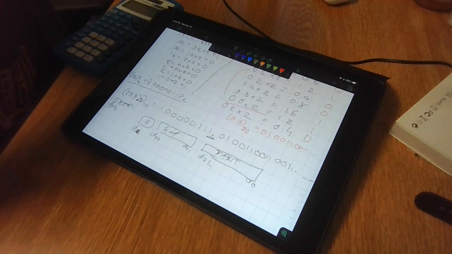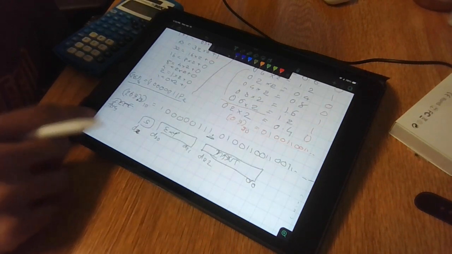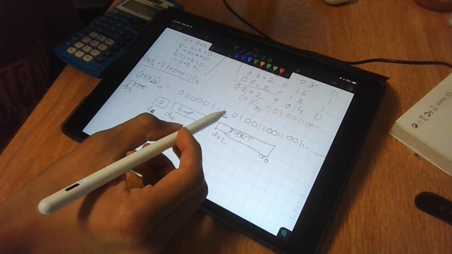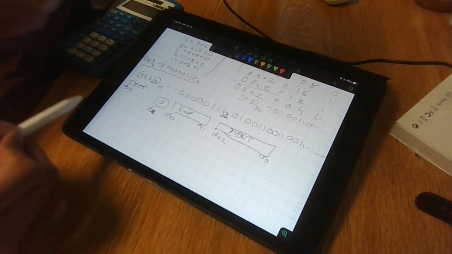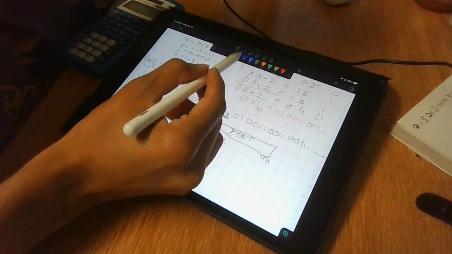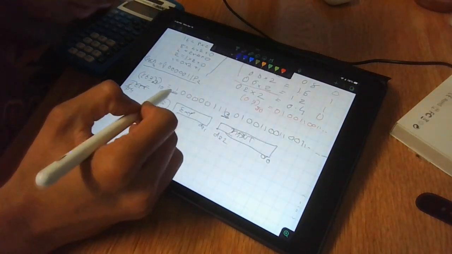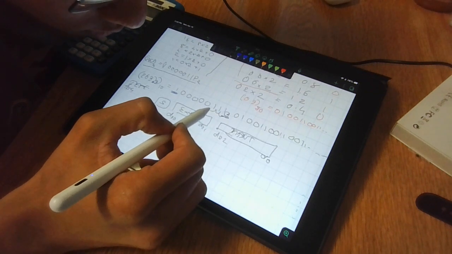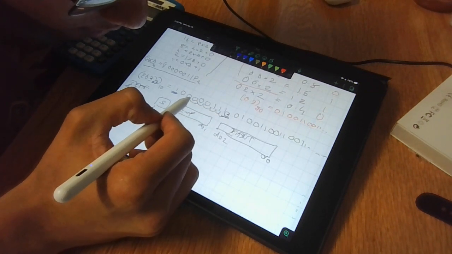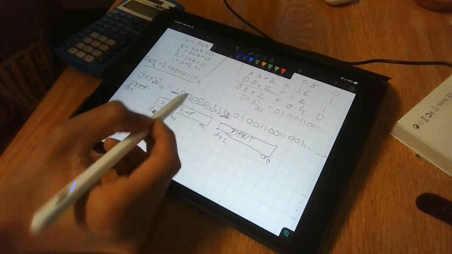Now we are using the implicit one, so I will bring this point from the right side to the most significant bit. This is my most significant bit right here, so I will bring this point to 1 2 3 4 5 6 7 8 right here.